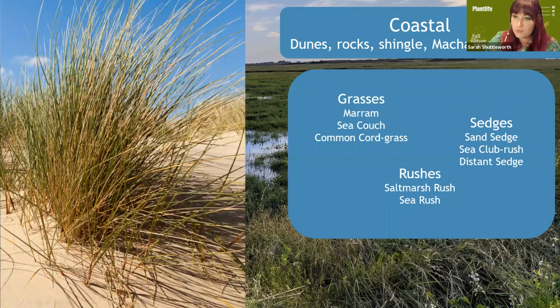Thankfully, everyone should be fairly familiar with this as a common grass of the coastline, the marram grass, which is the one poking up in our dunes everywhere. You sit down for your nice picnic on the beach and you get spiked up the bottom by this rather spiky grass called marram. Most people are probably very familiar with that one. We're going to talk about sea couch as the example one, so I won't show you a picture of that now.